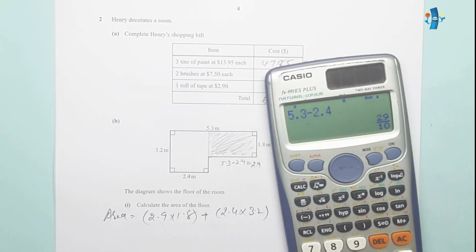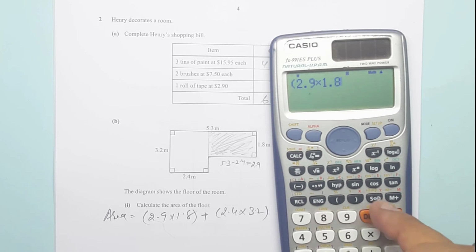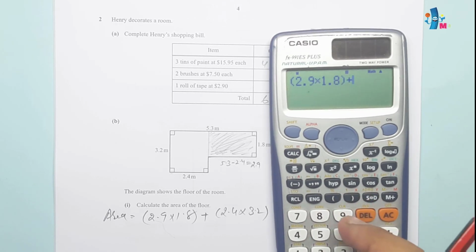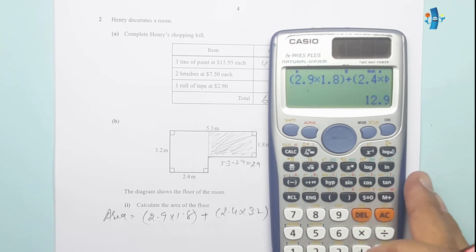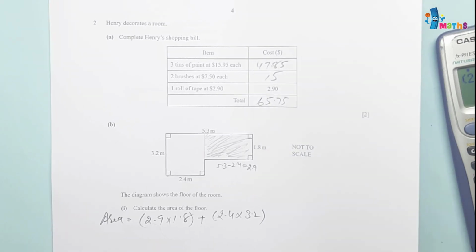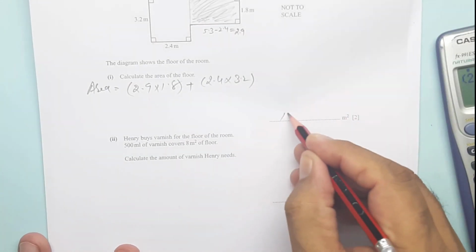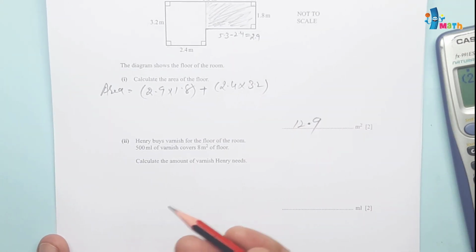So 2.9 multiplied by 1.8 plus 2.4 multiplied by 3.2 will be equal to 12.9. So our answer will be over here, 12.9 meter square.